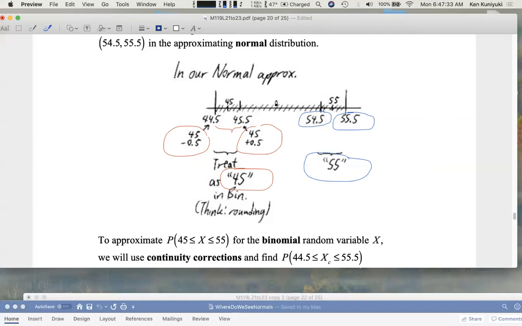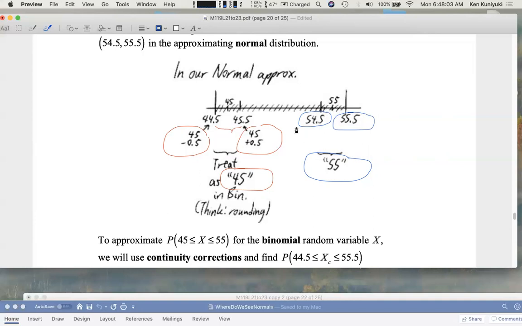Now, this shaded region inside here corresponds to the values for our normal distribution where I win my bet. Well, of course, I win for 46 heads, 47 heads, and so forth, but I also win for exactly 45 heads, meaning this block, so I shade this in. And I also win for exactly 55 heads, meaning this block, so I shade this in. I win if the coin comes up heads exactly 45 times, or for that matter, exactly 55 times.